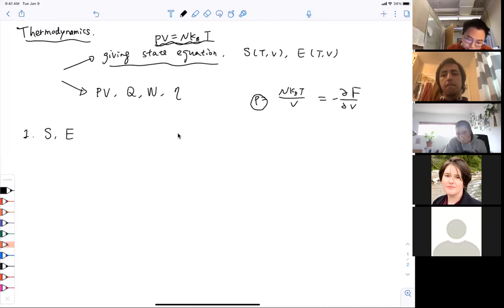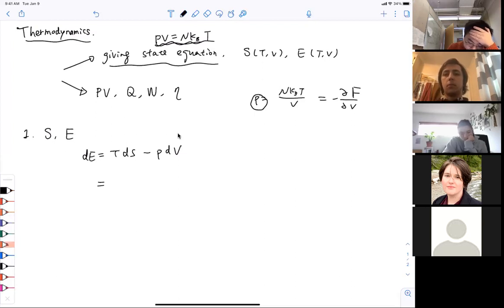Yeah, so from thermodynamics, the starting point is always the conservation of energy, right? It's dE equal to T dS minus P dV, something like that. Yeah, I'm pretty sure you already did this in your homework.